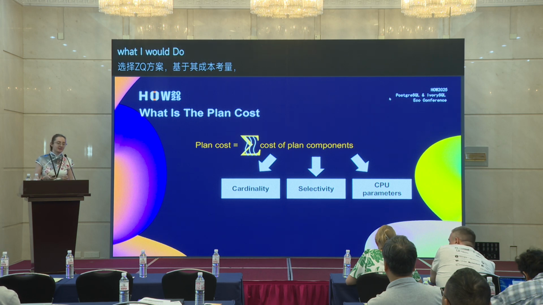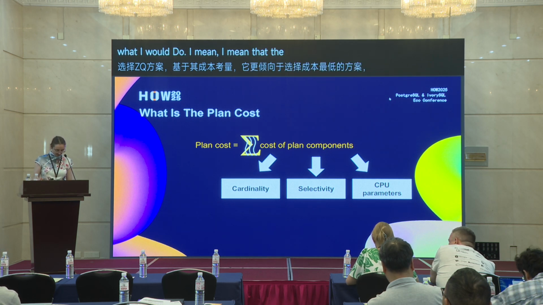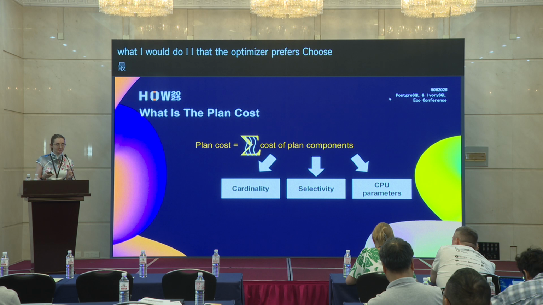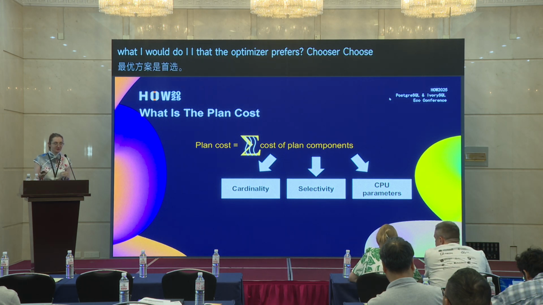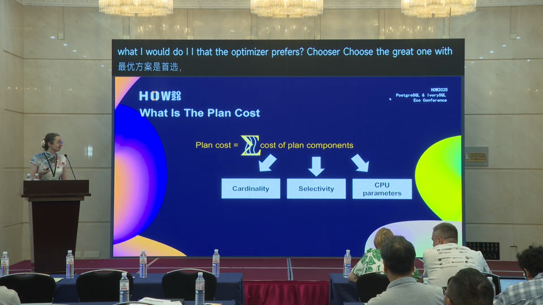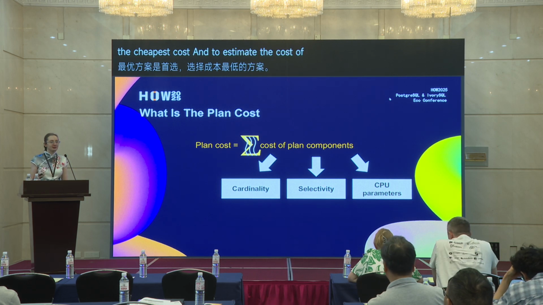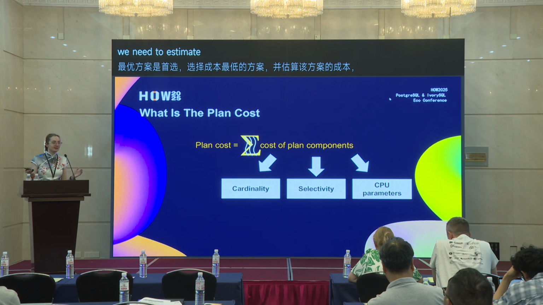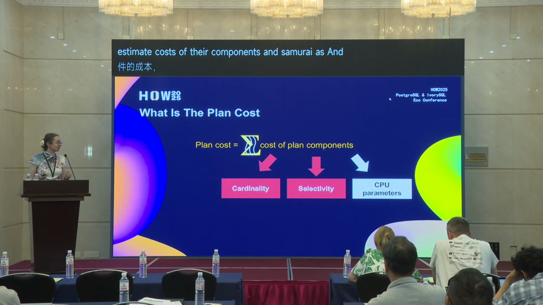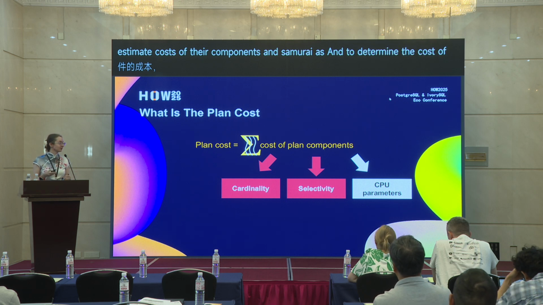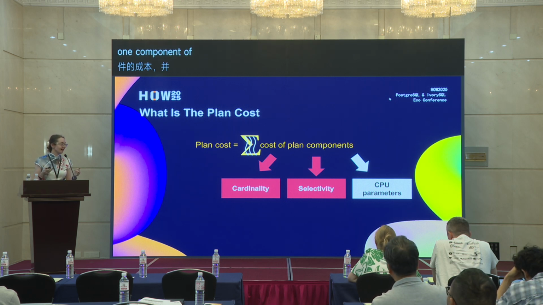I mean that the optimizer prefers to choose the query plan with the cheapest cost. And to estimate the cost of a query plan, we need to estimate the costs of its components and summarize them. And to determine the cost of one component of a query plan, we need to estimate cardinality and selectivity.